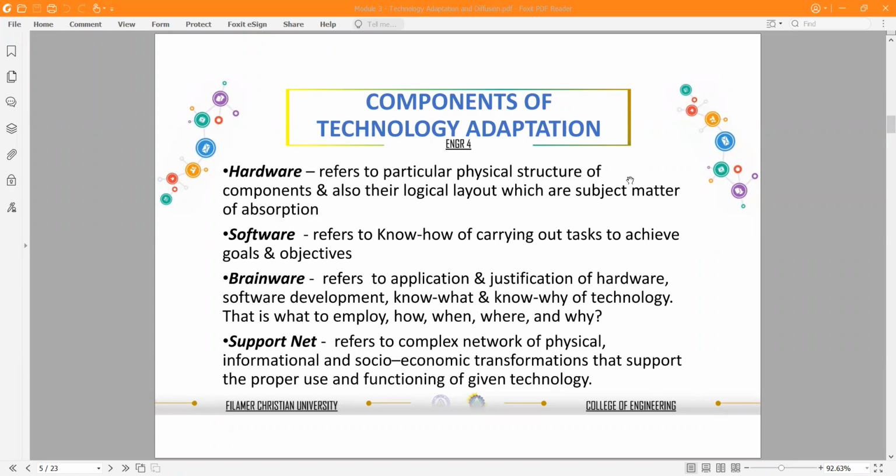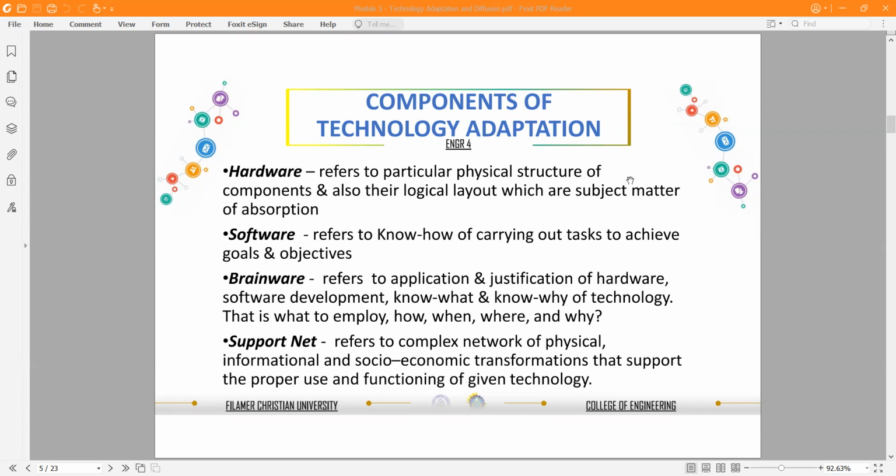So this refers to application and justification of hardware, software development, know what and know why of technology. So bakit? Yan. So that is what to employ. So how, when, where, and why. So kailan, saan, at bakit. Yan. So that's what we call the brainware component of technology adaptation.